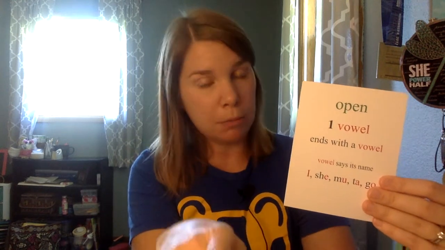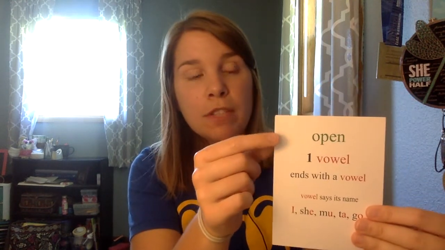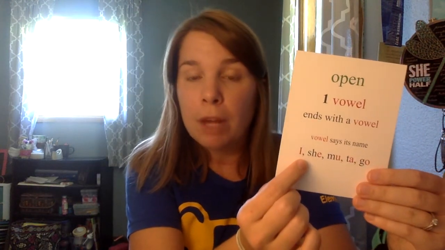So remember, vowels are A, E, I, O, U, and sometimes Y, sometimes. So if it's an open syllable, it has one vowel, ends with a vowel, so the vowel says its name. So this card has some open syllable words listed. I, well, it's only one letter, right? It's the letter I, so of course it's going to say I, right?